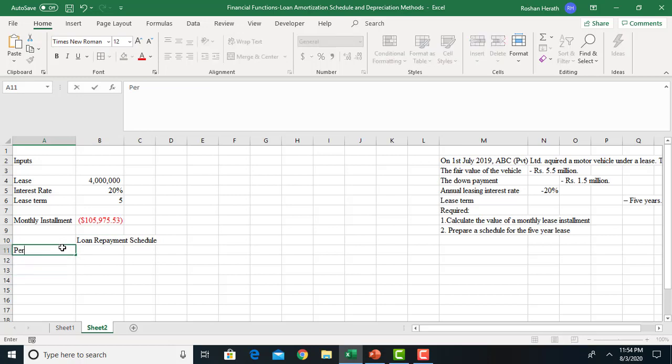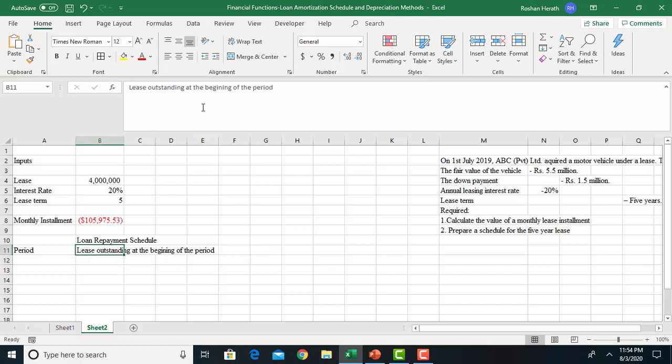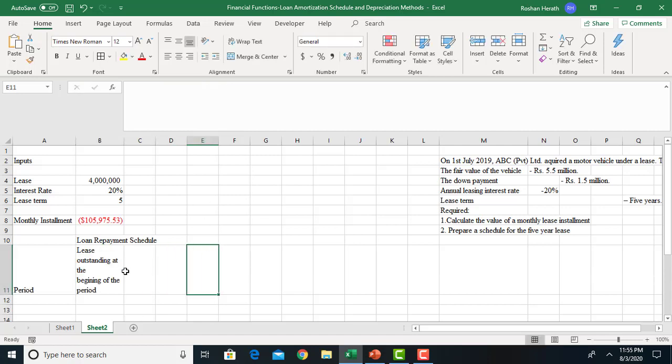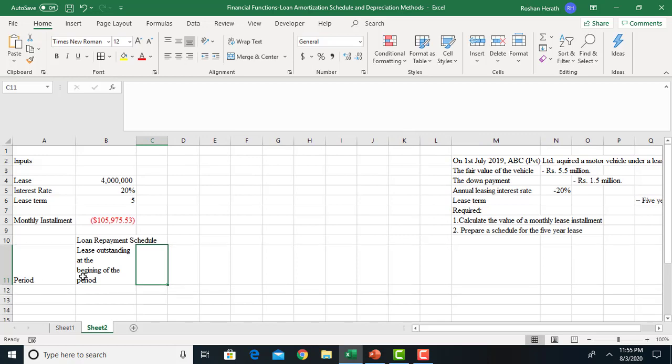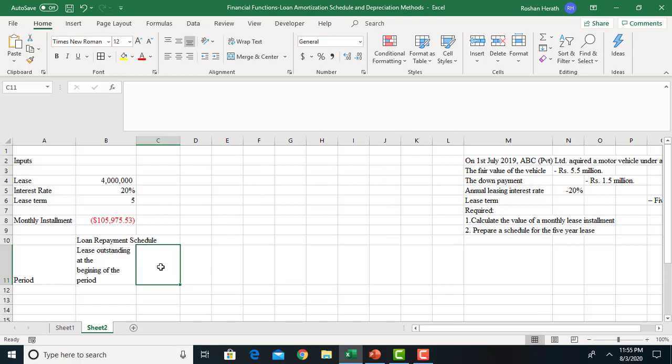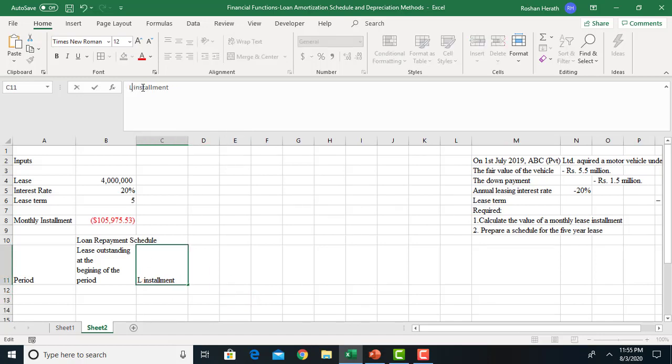So there you have the period, then you have the lease outstanding at the beginning of the period, then you can take the loan installment or the lease installment here, since it's a lease installment.